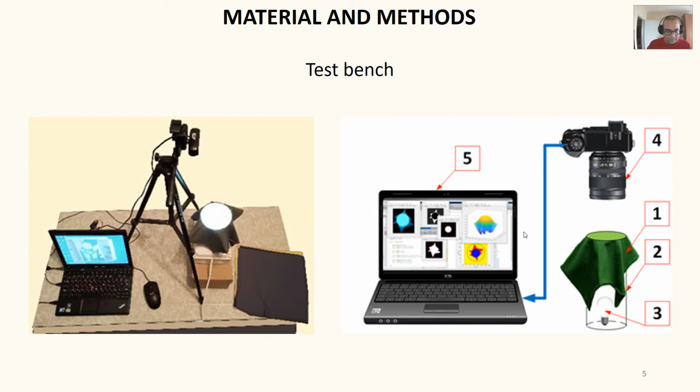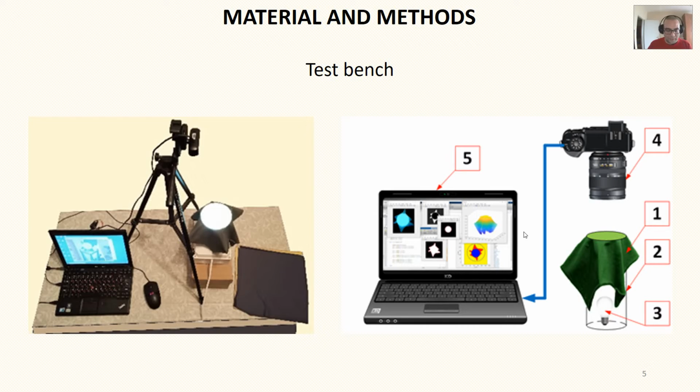The diagram of the laboratory setup with its general view and principal schematic is presented. Position 1 shows the sample of the textile fabric after draping. It is placed on a cylinder, position 2. In the cylinder, there is a lighting fixture, position 3, which is a diode lamp.